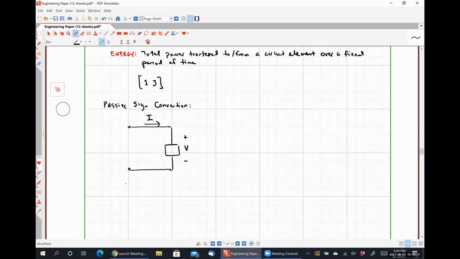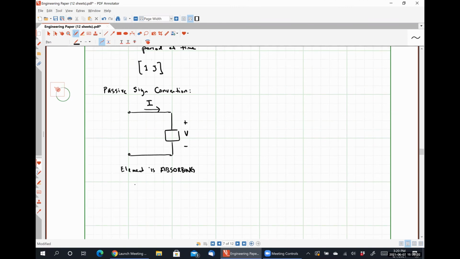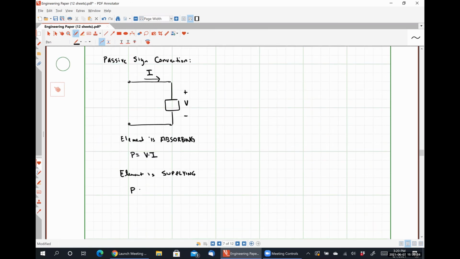we say that the element is absorbing P equal to V times I amount of power, or we could say that our element is supplying P equal to negative V times I amount of power.